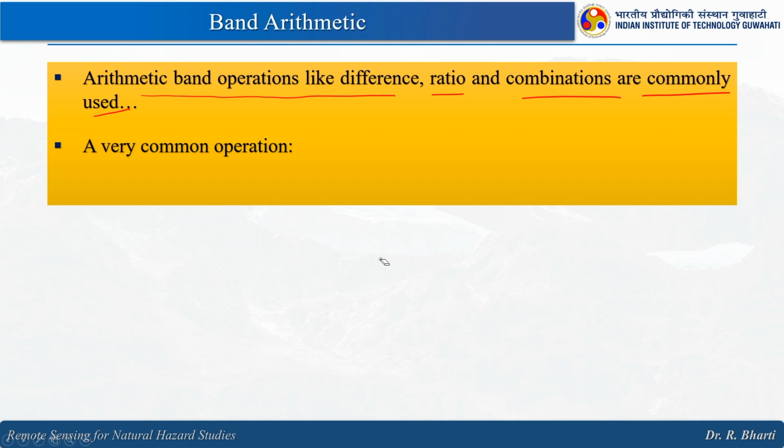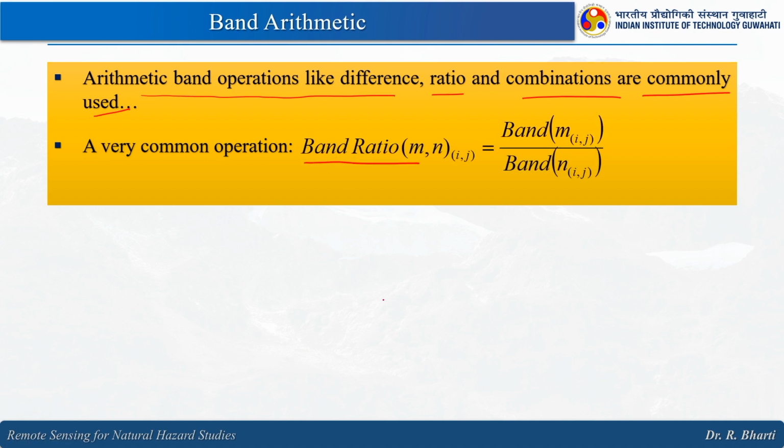So, how do we design it? A very common operation is band ratio. Here, band Mij, band Nij: this is the band number and this is the pixel location, because it has to be pixel by pixel. When we talk about this band ratio, we should have a minimum of 2 bands, M and N, that is the minimum requirement, and it should be pixel by pixel.